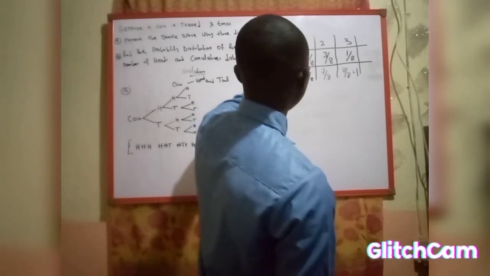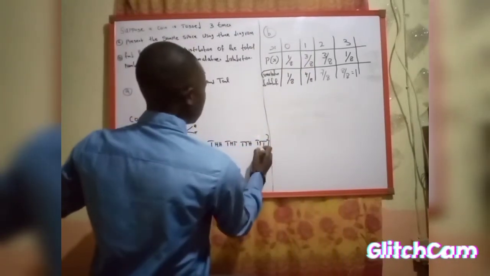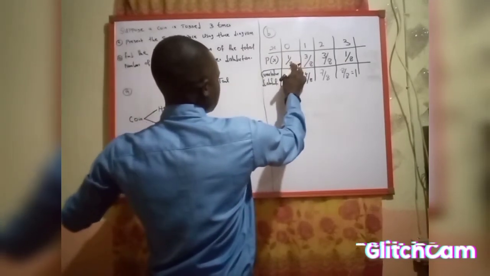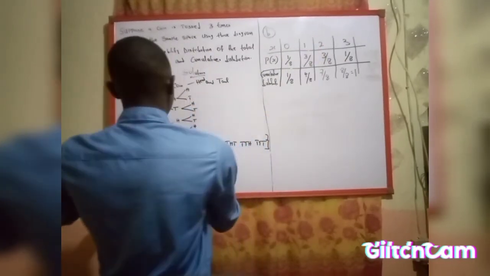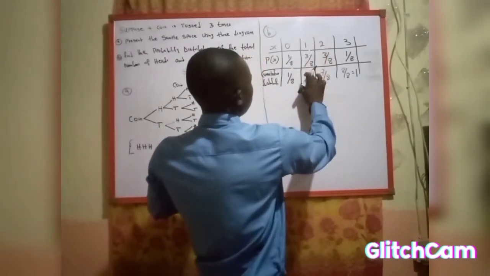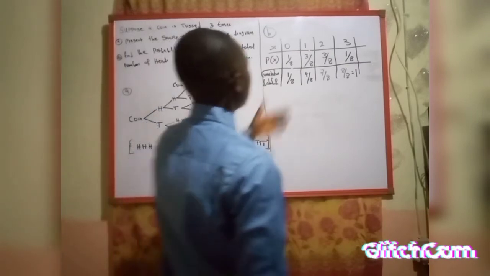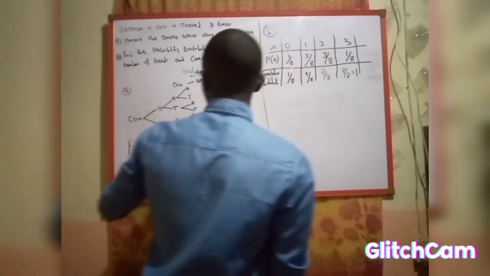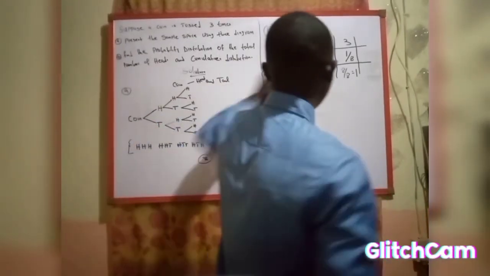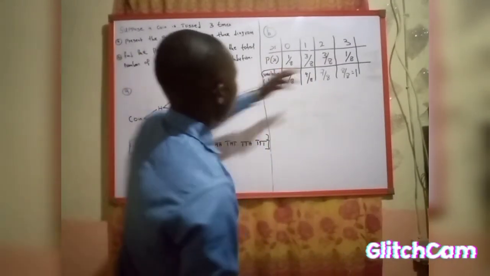Then this is the probability of S. When there is 0 heads, it's only 1 place, so we have 1/8. When there is 1 head, it's 1, 2, and 3, so 3/8. When there are 2 heads, we have 1, 2, 3, that is 3/8. And when there are 3 heads, it's only 1 place, which is 1/8.